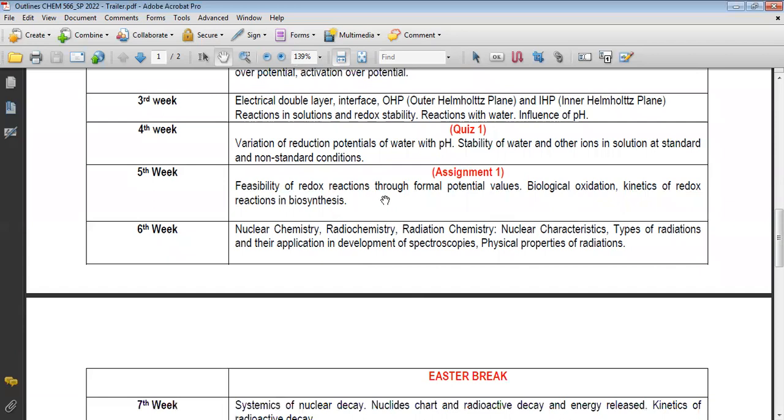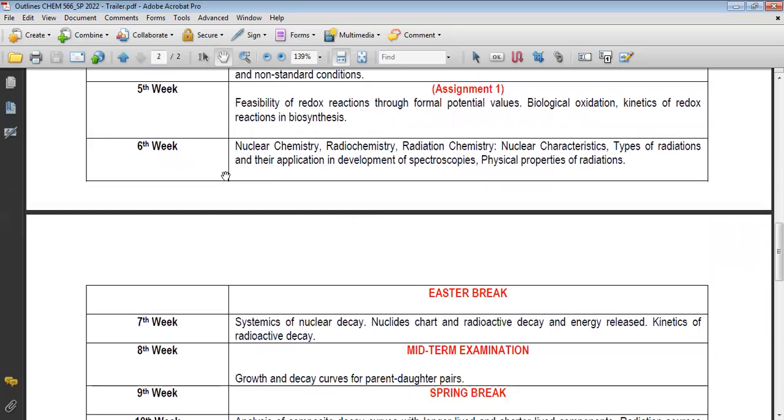Then we will also discuss formal redox potentials, biological oxidation, and kinetics of redox reactions in biosynthesis as well. After electrochemistry, we will discuss some very important aspects related to nuclear chemistry, radiochemistry, and radiation chemistry.